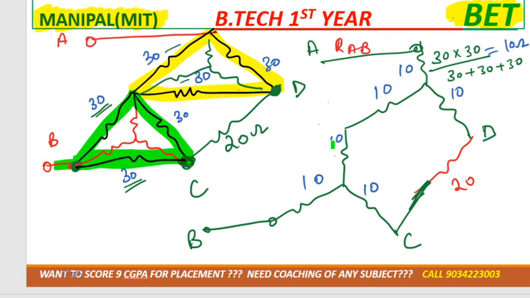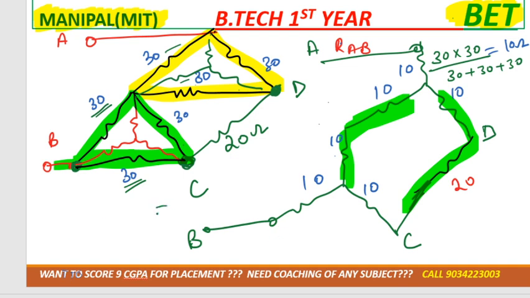Now further you can see that these 10 are in series, right? There is no other way of connecting this 10 and this 20 again except in series. Correct? Then we can simply redraw again: 10, 20, 30, right?